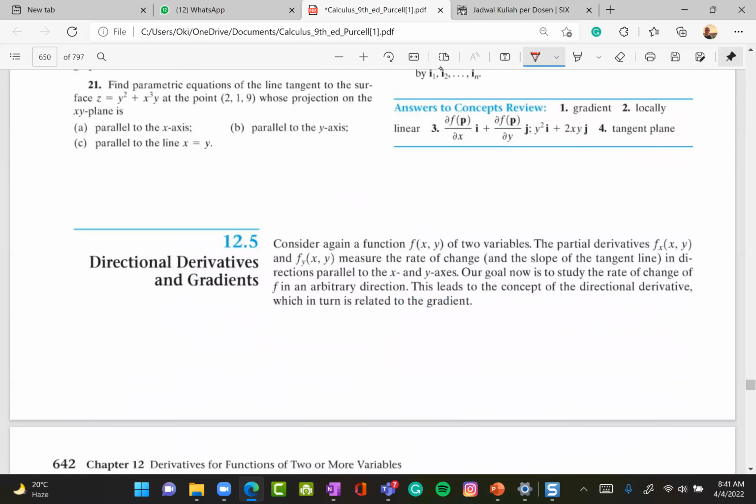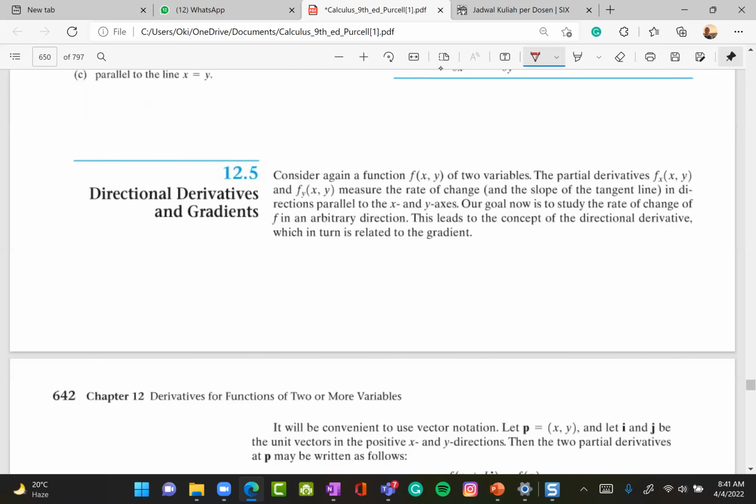Okay. So now what we have is what we call the directional derivative.